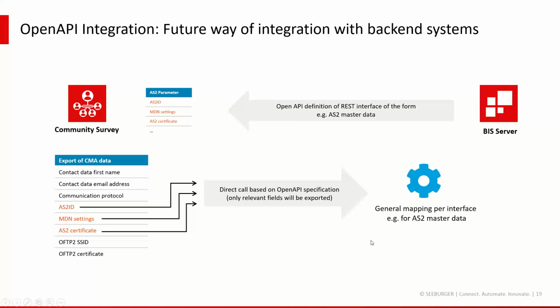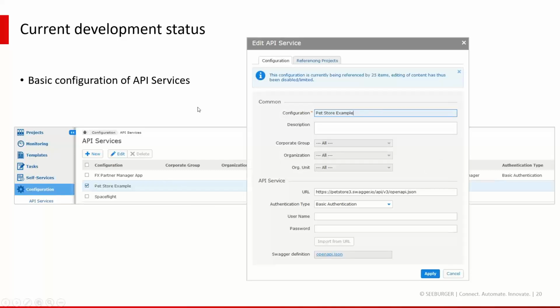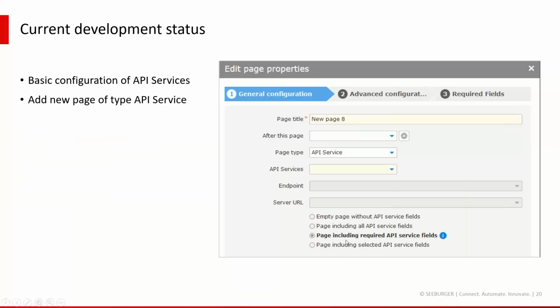There are also some screenshots that I wanted to show you of the current state of development. It is possible to create this basic configuration of the API services. The definition can be pulled from the server when you enter the URL, username, and password, or upload it as a Swagger file. When you add a new API service page, you can choose from those options here to automatically create the fields according to the API definition.